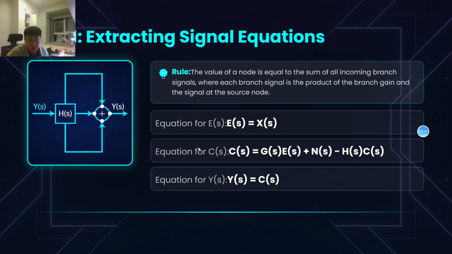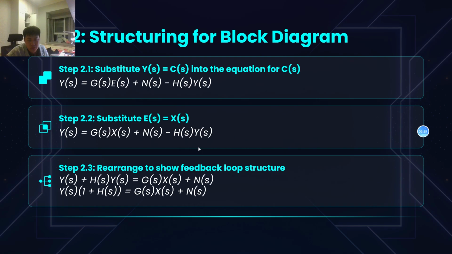And you can see the equation for E(s) equal to X(s), and the equation for C(s) equal to G(s)E(s) plus N(s) minus H(s)C(s), and the equation for Y, Y(s) equal to C(s).